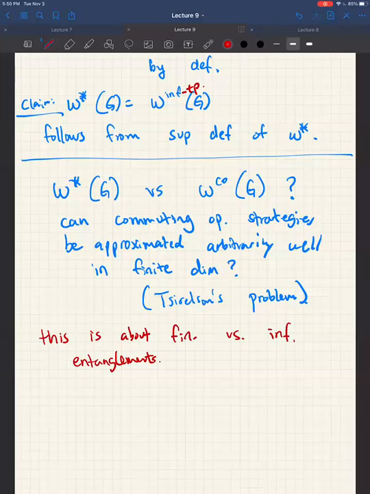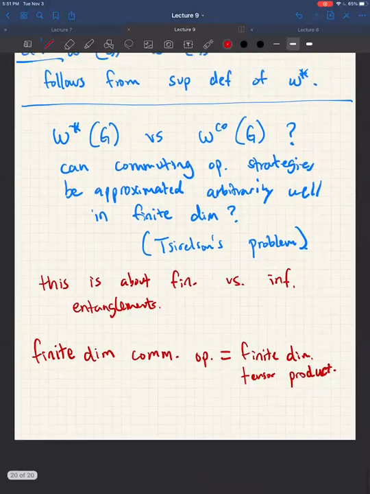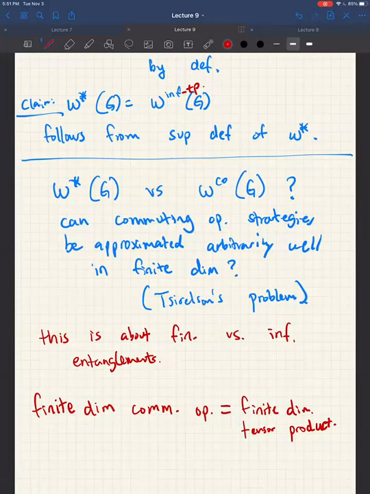That's because if you took a commuting operator strategy and you guaranteed to me that it was finite dimensional, like the Hilbert space it was defined on is finite dimensional, then in fact, you can always find a tensor product decomposition within it. Right, so these are one and the same. So the only way they can be different is if we're talking about infinite dimensional commuting operator strategies.